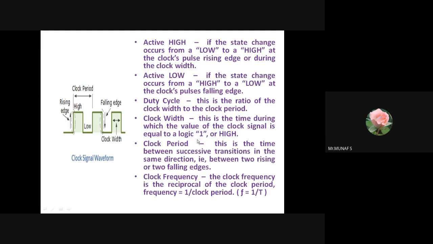Clock period is the time duration between successive transitions in the same direction, between two rising or two falling edges. And the clock frequency is the reciprocal of clock period: frequency equals 1 by clock period.